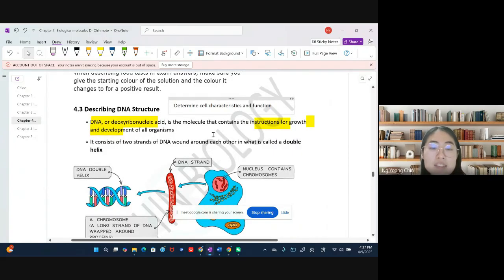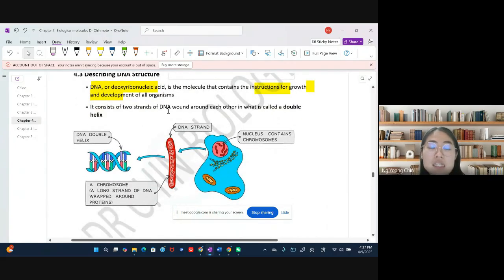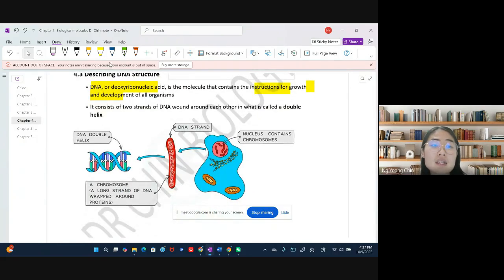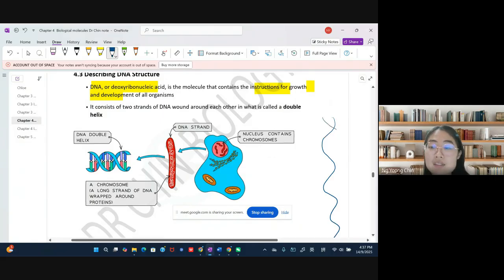So DNA, right? Okay, DNA is double-stranded. Actually, we talk about nucleic acids. Nucleic acid we have two types. One is DNA, one is RNA. So DNA is double-stranded. It's something like this. You draw like this, and then it's no ending.